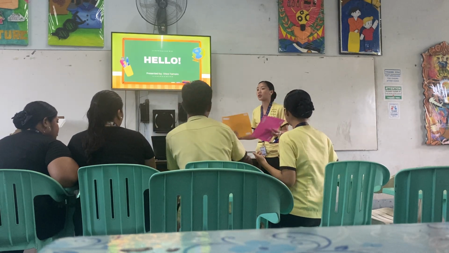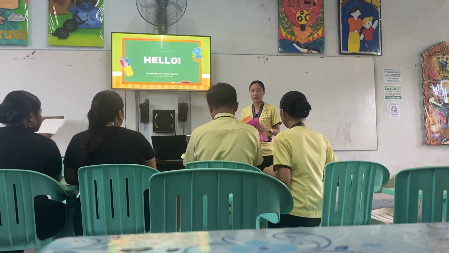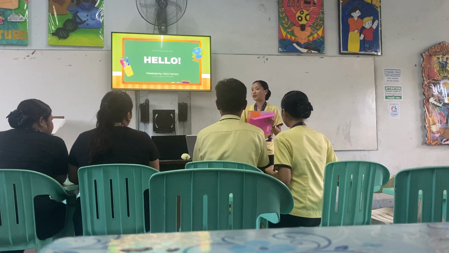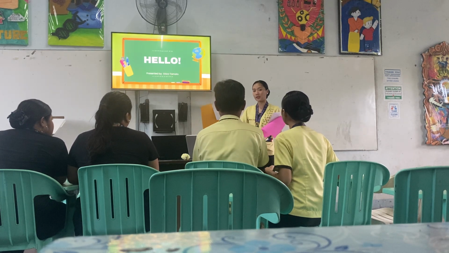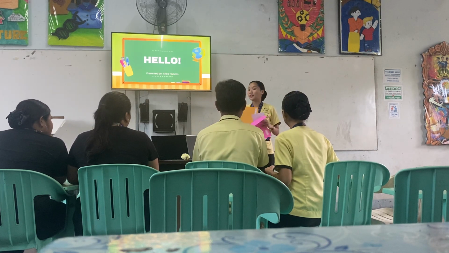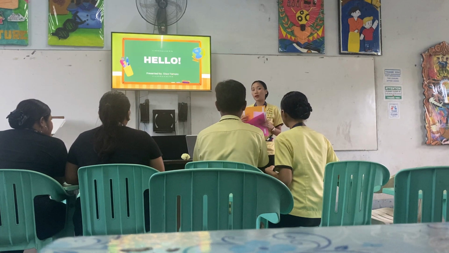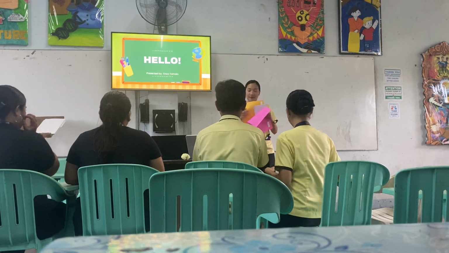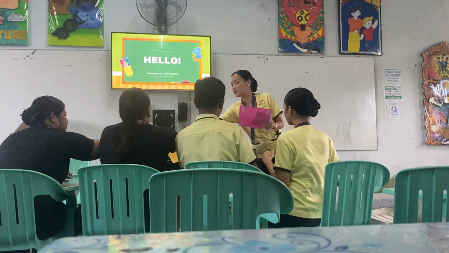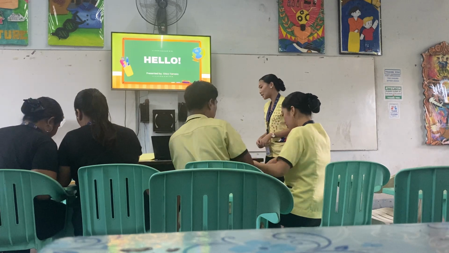I want you to listen carefully to the mechanics of our activity for today. Here is an envelope and another sheet of colored papers. In this envelope there are objects and pictures, and you're going to identify what kind of sets they were. Okay? Yes, ma'am. I'll give you 2 minutes. So 2 minutes will start now.